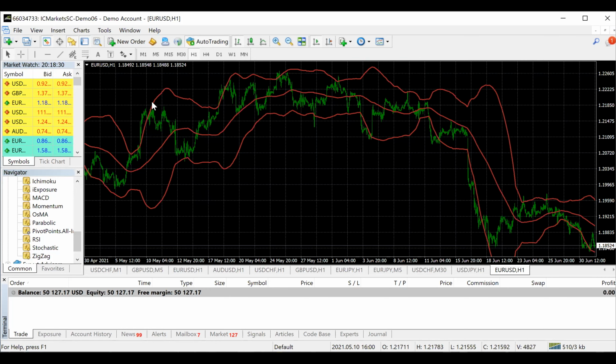Now, how will you know whether there is high volatility or low volatility? When the two Bollinger Bands lines contract, like they are close to each other, then there is not too much volatility, like you see in this place. But when they expand, then there is high volatility.